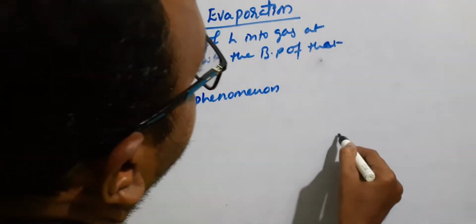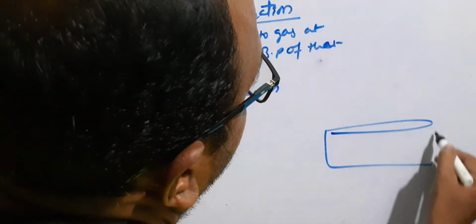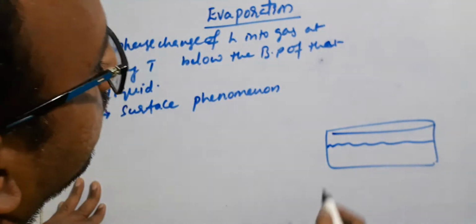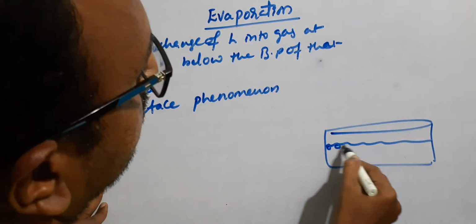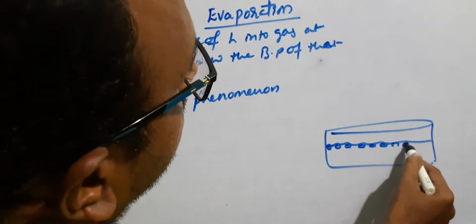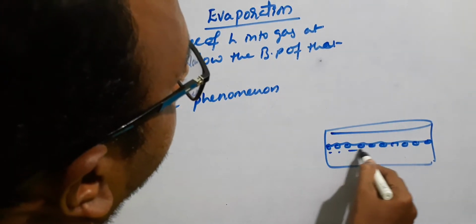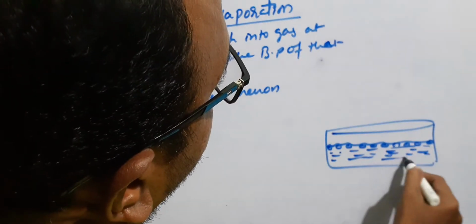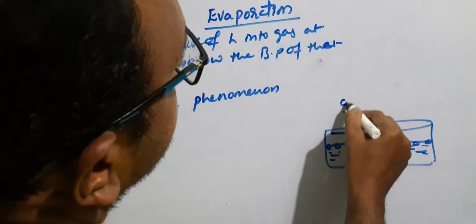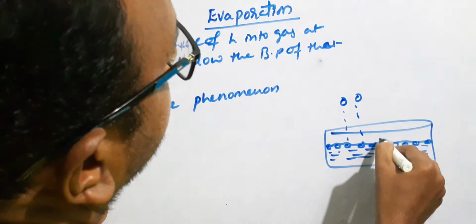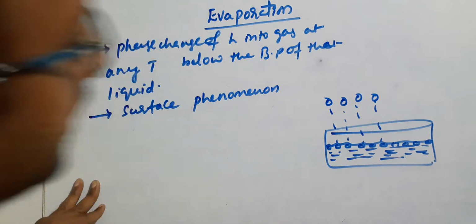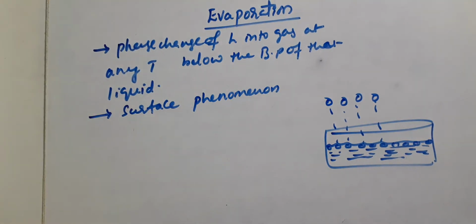For example, if you take a liquid like water in the container, these are the molecules present in the top layer of water. During the evaporation, these molecules will escape into air, that is, from the surface of the liquid water. That is why evaporation is a surface phenomenon.